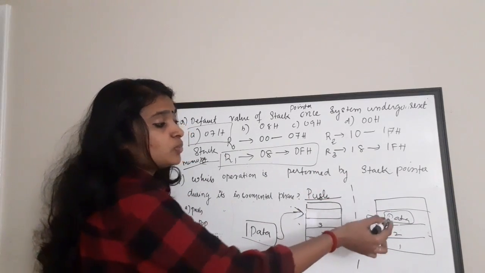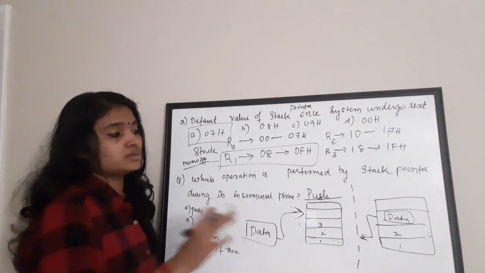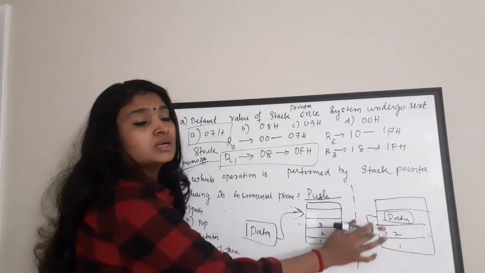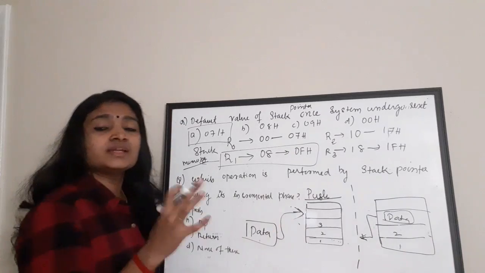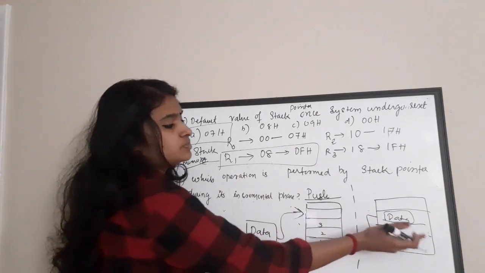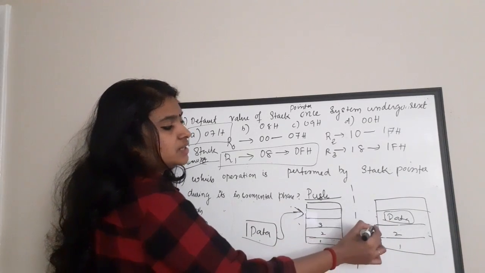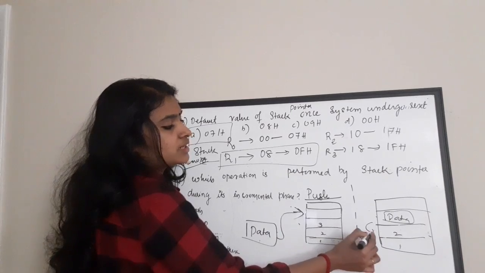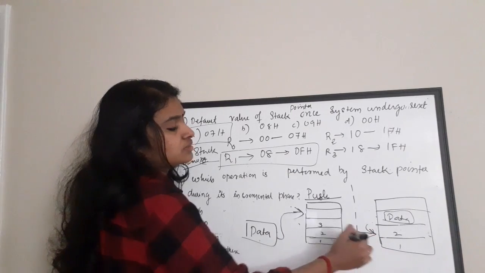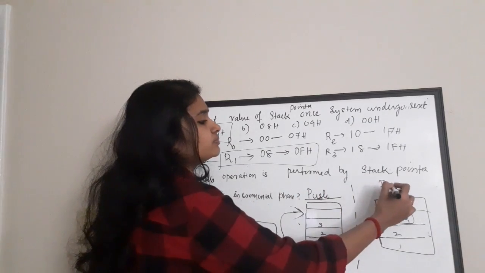So the stack pointer has to point to the next valid location, which is your 2. Because till 2 the data is present now, because we have removed our data. So now it is only 1 and 2. So the pointer has to be decremented by 1 and it will come to this location. Okay, so this operation is called pop.